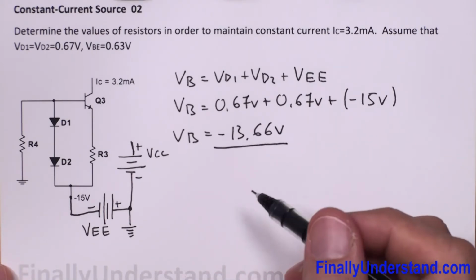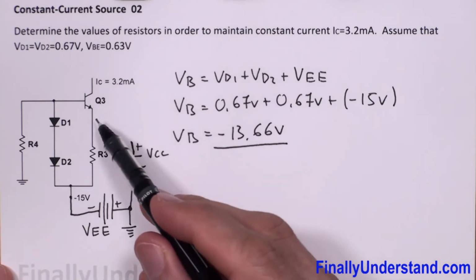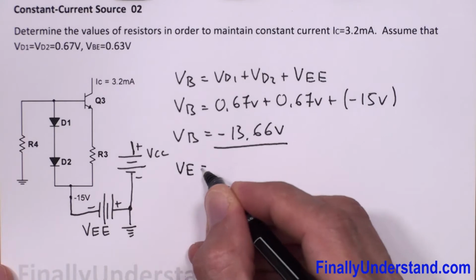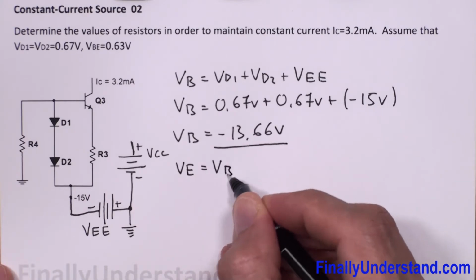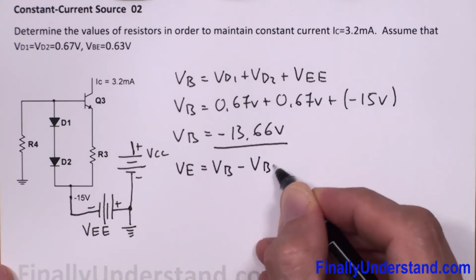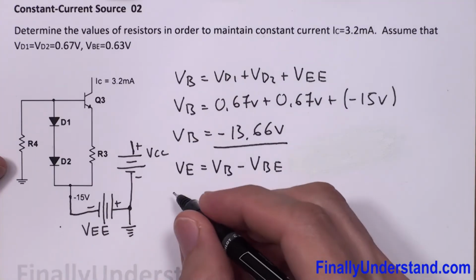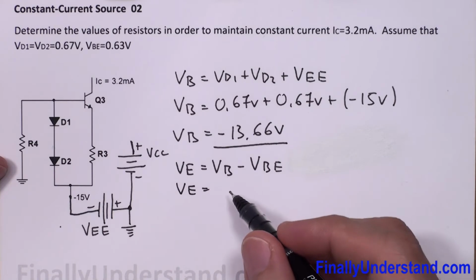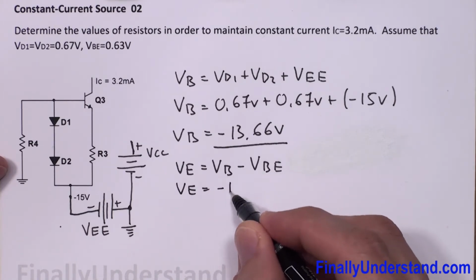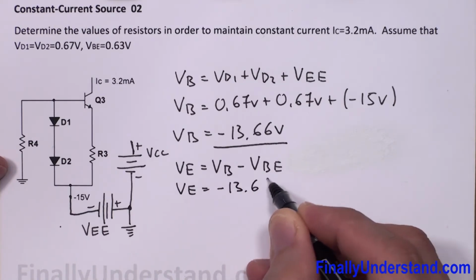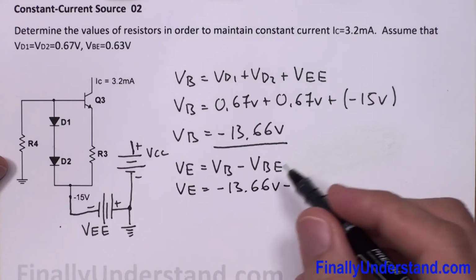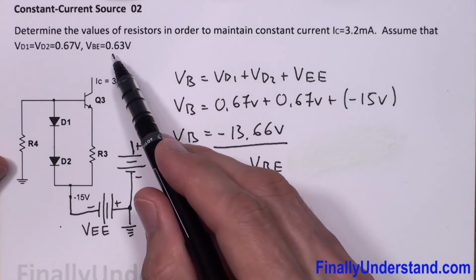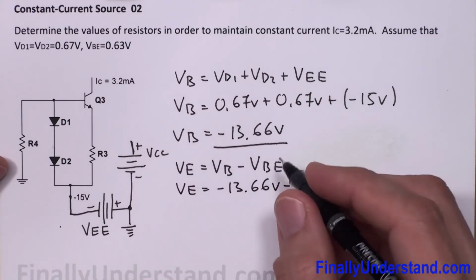Next, I'm supposed to find the voltage at the emitter. VE is nothing else, just VB minus VBE. So VE is equal to VB, negative 13.66 volts, minus VBE, and VBE is given as 0.63 volts.